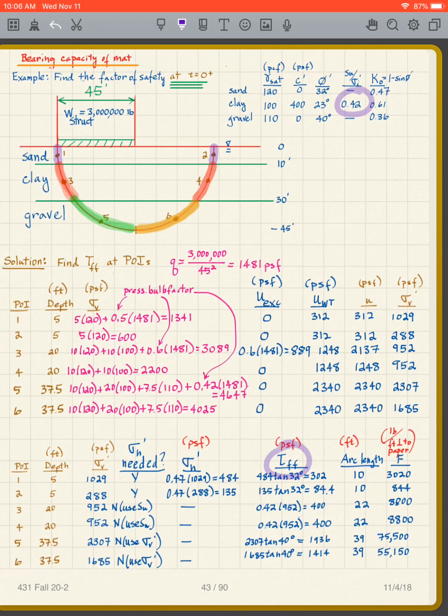So tau FF times the arc length gives me the force, resisting force, along that arc. So this is the hard part to get. That's pretty easy, and then we just multiply those out to get the force. So my total resisting force is the sum of all of these.